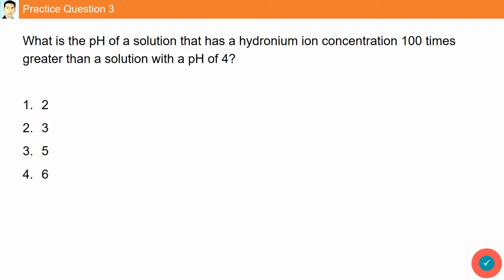Practice question 3. What is the pH of a solution that has a hydronium ion concentration 100 times greater than a solution with a pH of 4? Two.